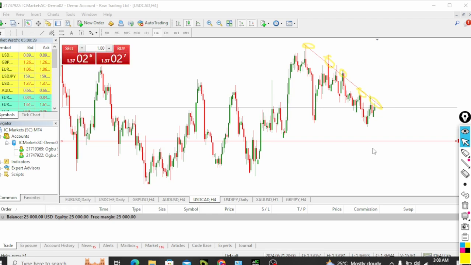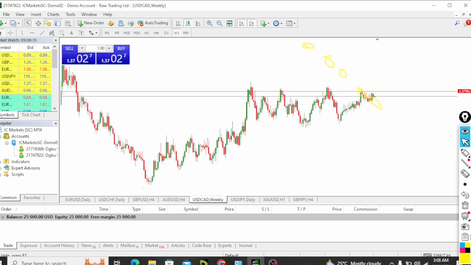So this is the 4-hour time frame, but let me also go to the higher time frame and look at what is happening there for the moment. Okay, this is the weekly time frame. From the weekly time frame, you discover that they're already there at the resistance base.